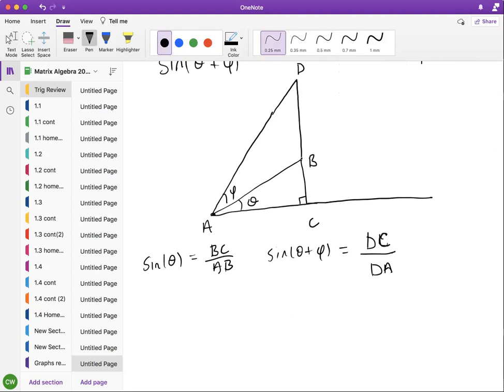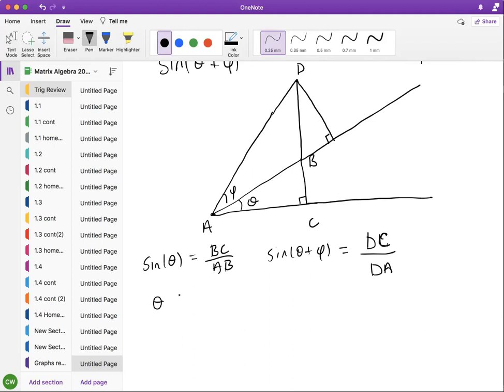So let's take AB and then continue the line. And from D, we'll draw a line that is perpendicular to this extended AB. So one thing we know about triangles, remember that the angles in a triangle add up to 180, let's look at this triangle ABC.